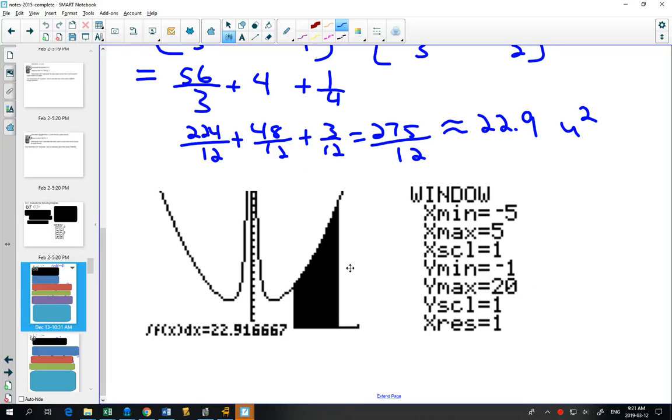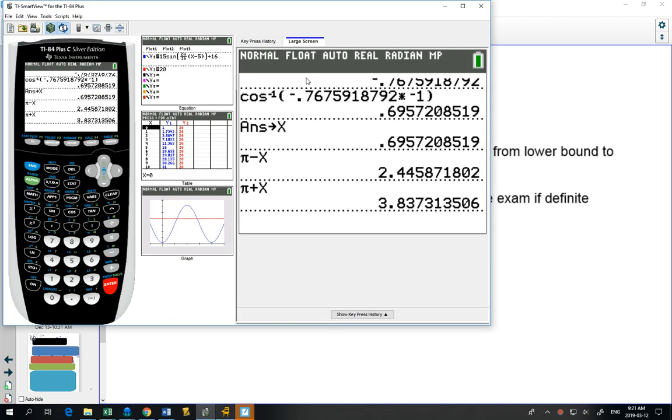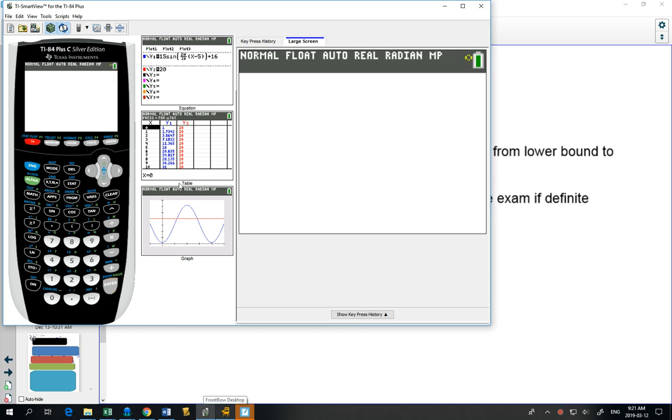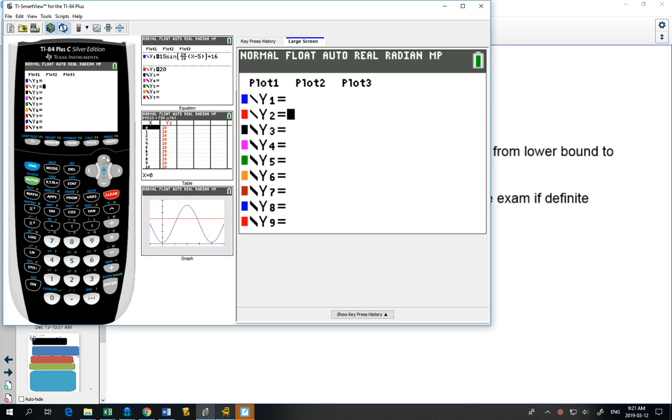Let's pull up our calculator just once to put this in, just so you guys get a feeling for how you do that. So go to y equals, clear out any other equations you have.